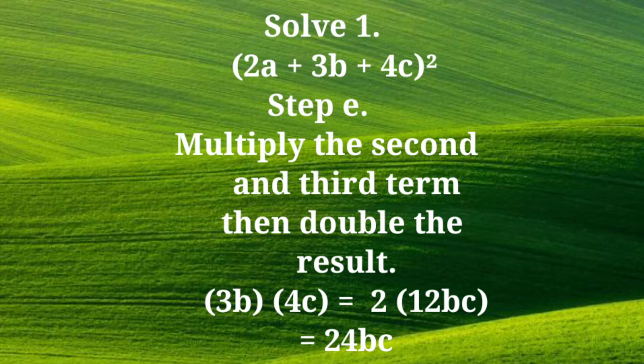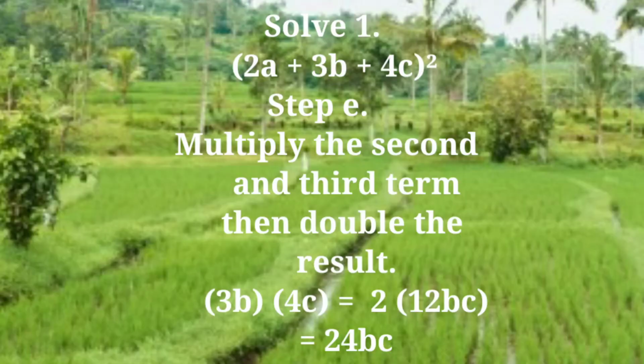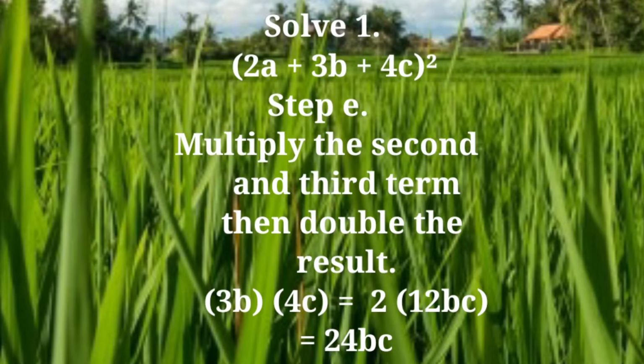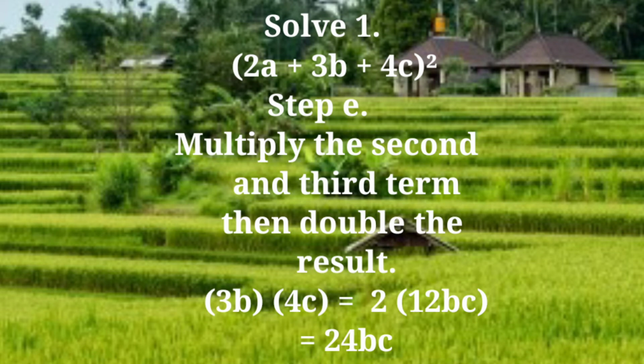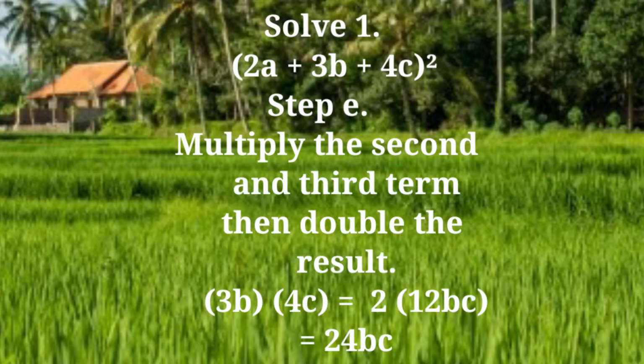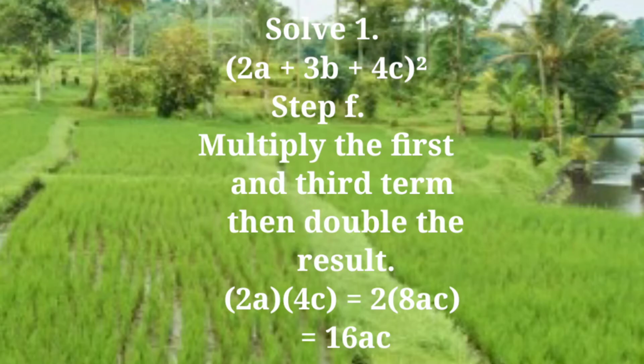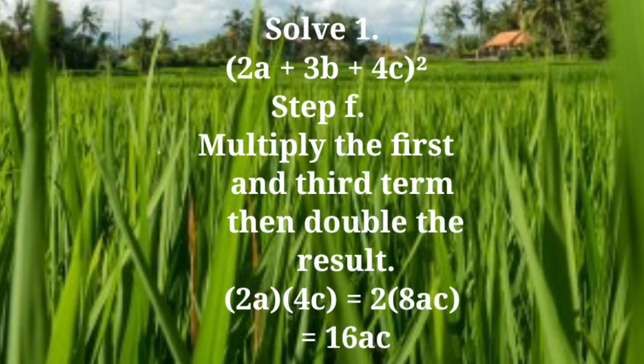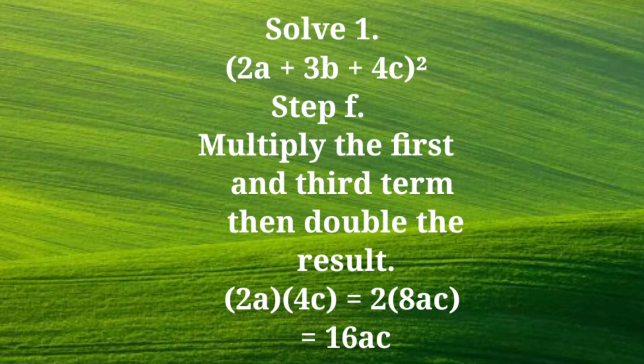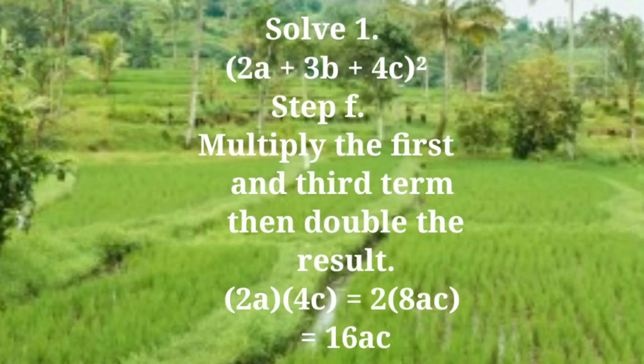Step E. Multiply the second and third terms, 3b and 4c, then double the result. 3b times 4c equals 12bc, times 2 equals 24bc. Step F. Multiply the first and third term, 2a and 4c, then double the result. 2a times 4c equals 8ac, times 2 equals 16ac.